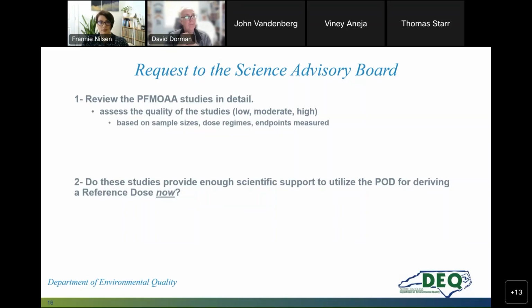The biggest comment that might come up with this evaluation of some of the studies, for example, trying to make sure I got the authors correct here, the immunotoxicity study with Woodley, that was largely a negative study. And so one might question whether or not the doses used were actually high enough to produce an effect.